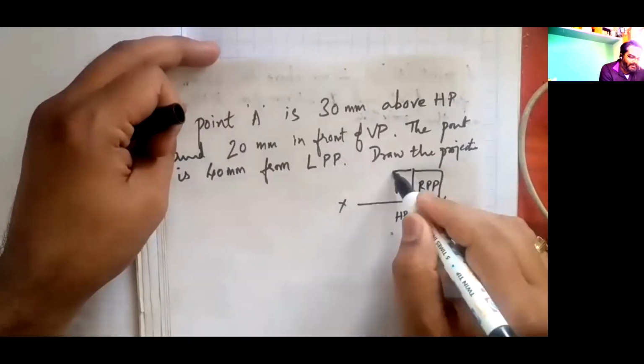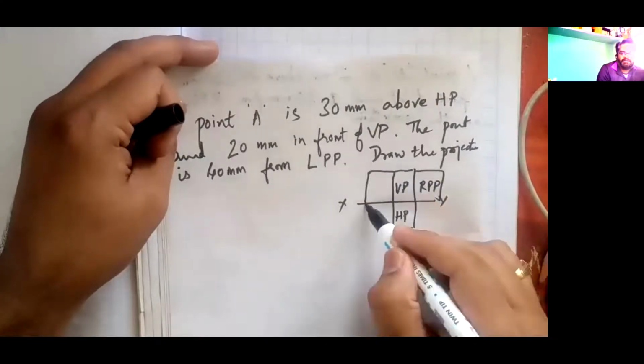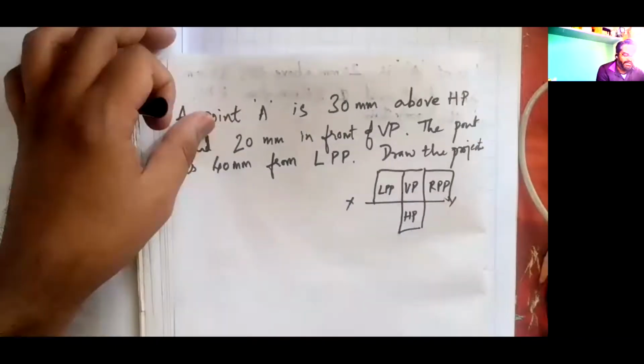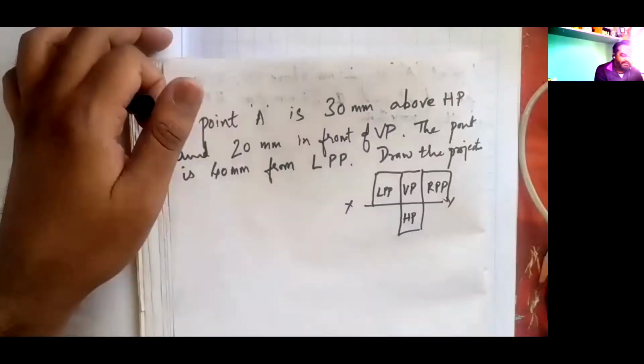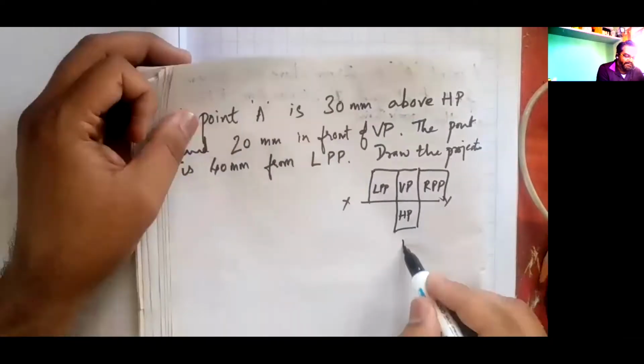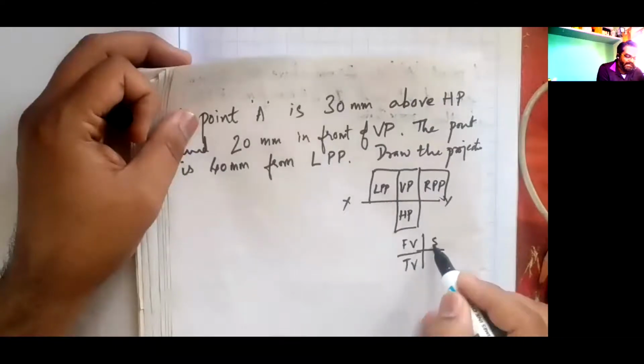Similarly, now the problem is asked with the left profile plane. But it is very, very important that you have this in your mind: vertical plane, horizontal plane, that is the front view, top view, and the side view.